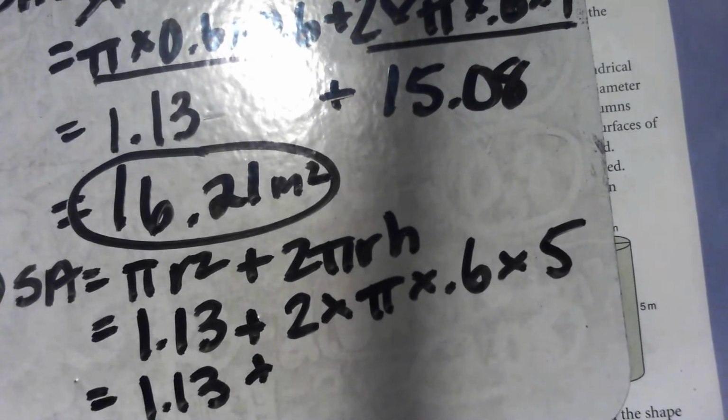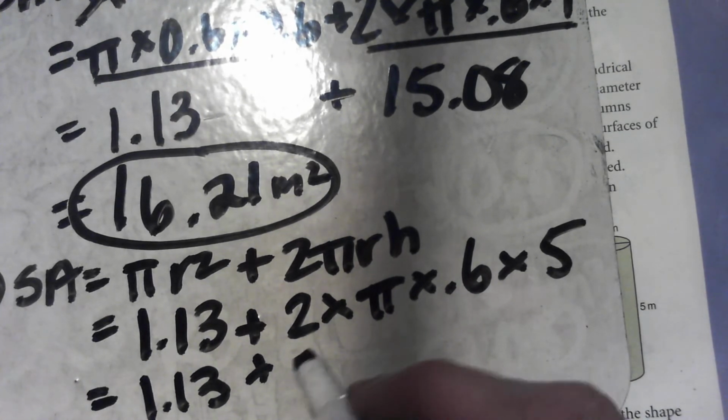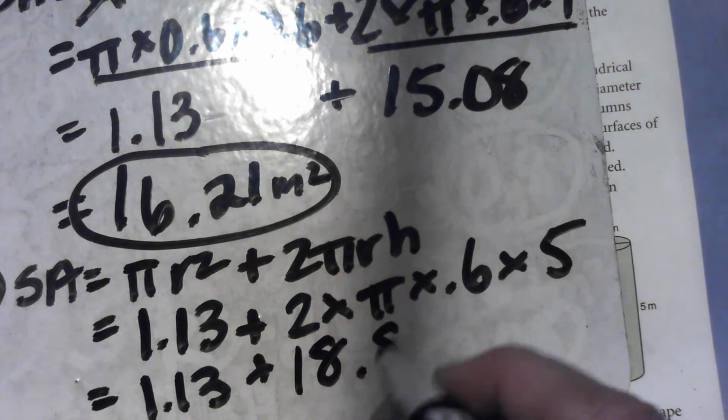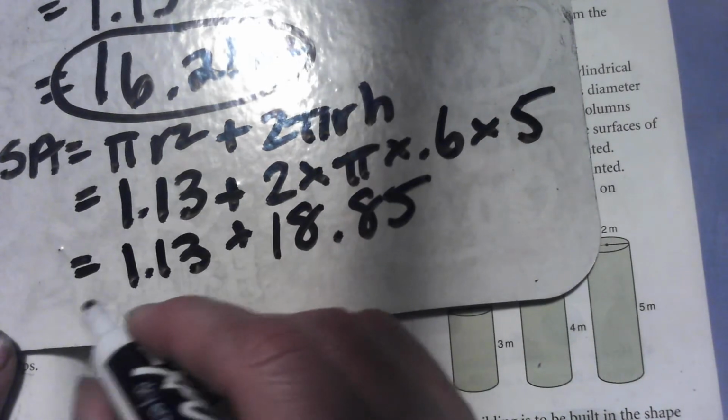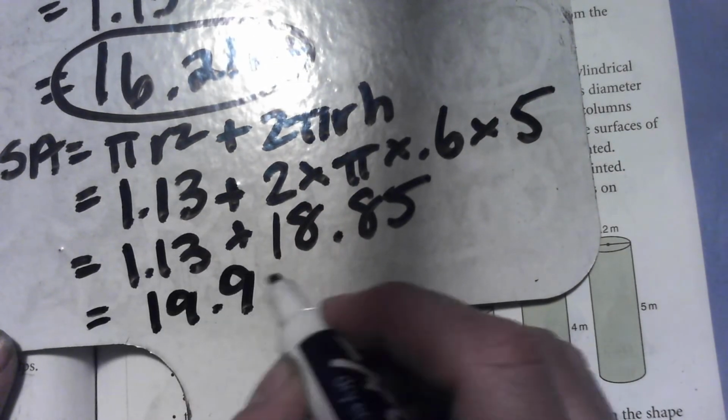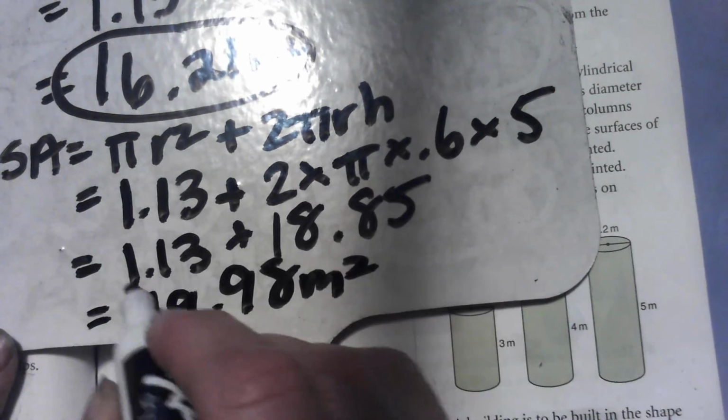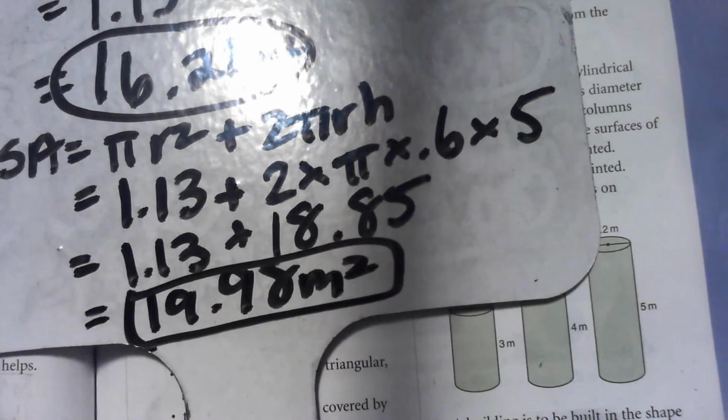We've done it twice already. 2 times pi times 0.6 times 5 is equal to 18.85. And we add the 18.85 plus 1.13 is equal to 19.98 meters squared.